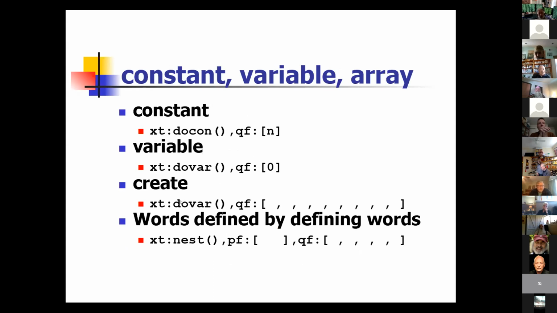Create has the same do var in its code field, and in its QF field it has a list of items, and you will have to initialize them by yourself. Words defined by defining words would have nest in their code field because their interpreter is written in high level as a token list. And if it needs parameters, they are all stored in the QF field.